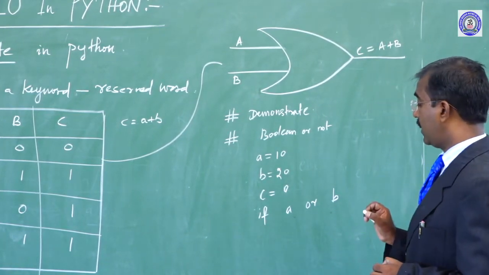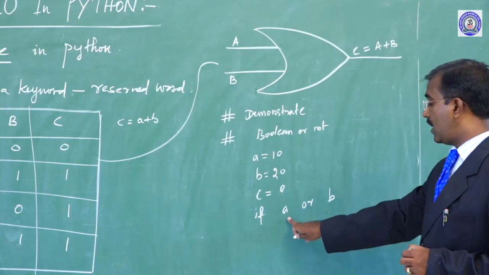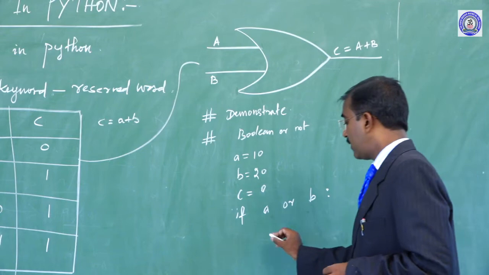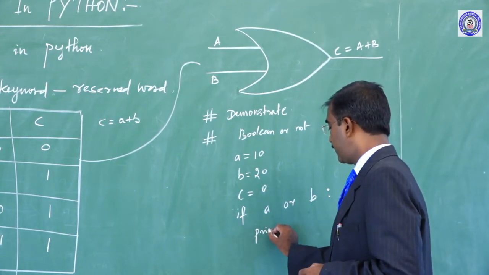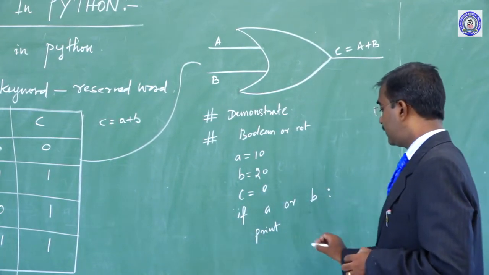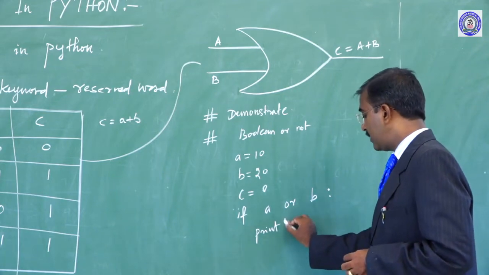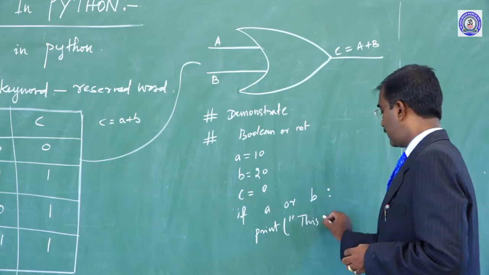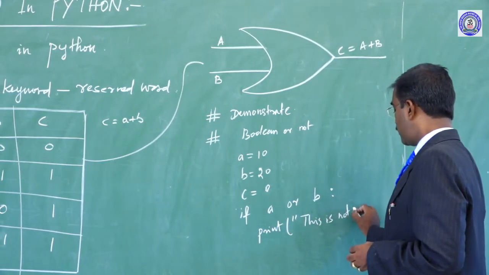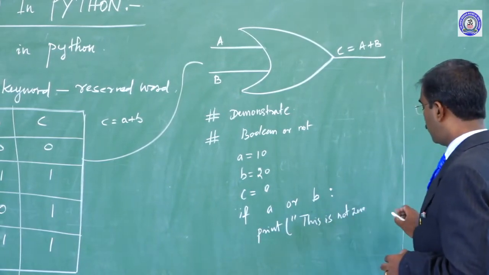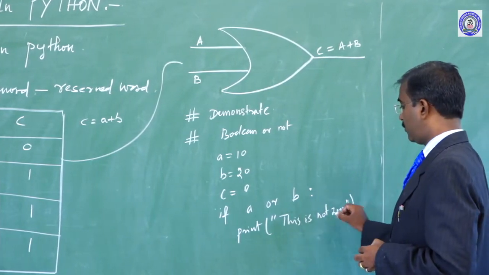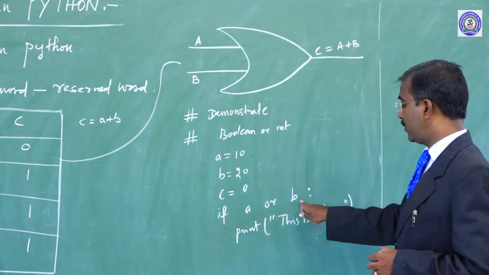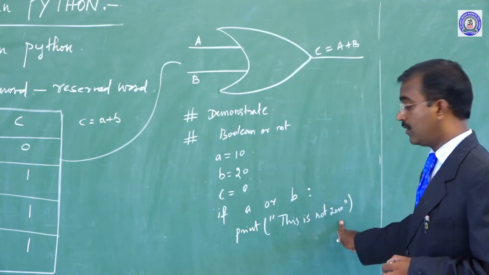Checking the condition if a or b, this number will print, is it a decimal number, or is it not 0? This is not 0, because a equal to 10 and b equal to 20, so this is not 0.